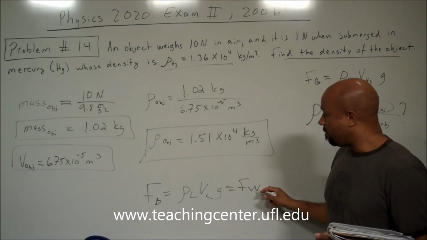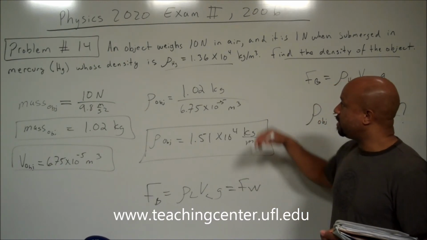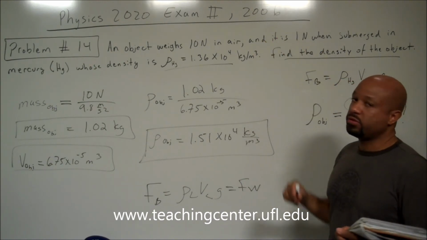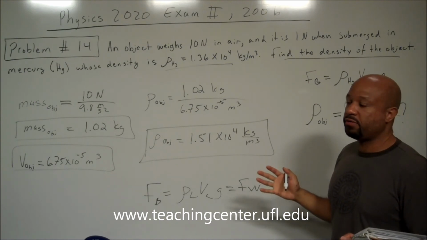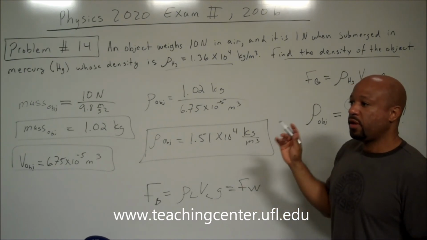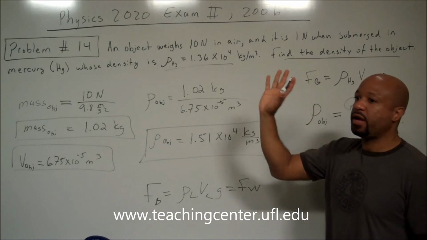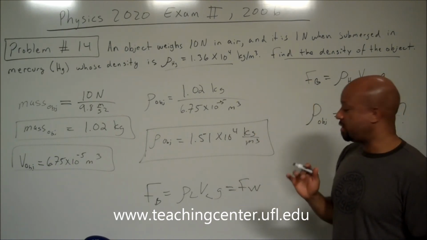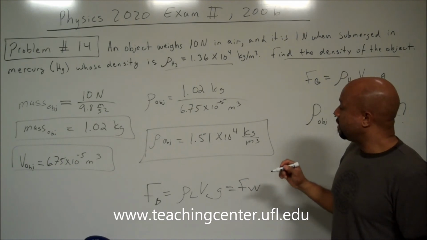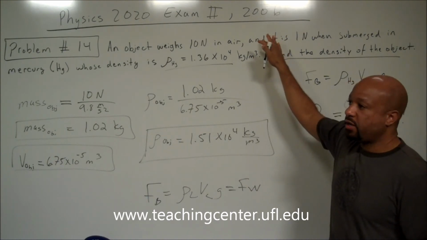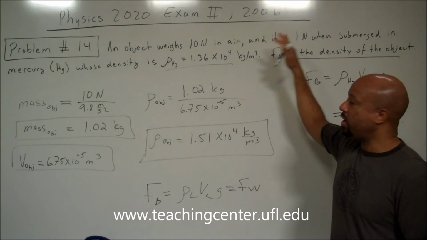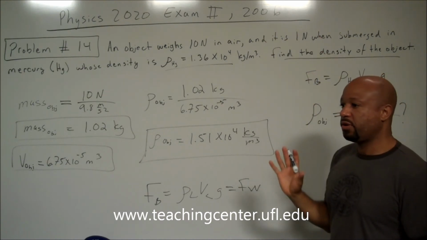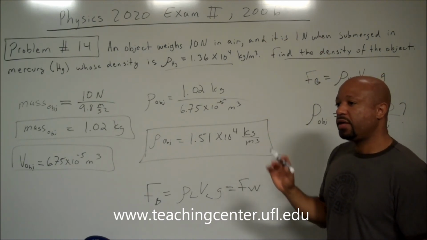But since the object weighs 1 newton in the liquid, that means the buoyant force is actually equal to the amount of force that's applied onto the object that's in the liquid. In this case, that was the difference between 10 and 1 newtons. 10 newtons in the air and 1 newton in the liquid. So the buoyant force is actually what's applied, so that was 9 newtons.